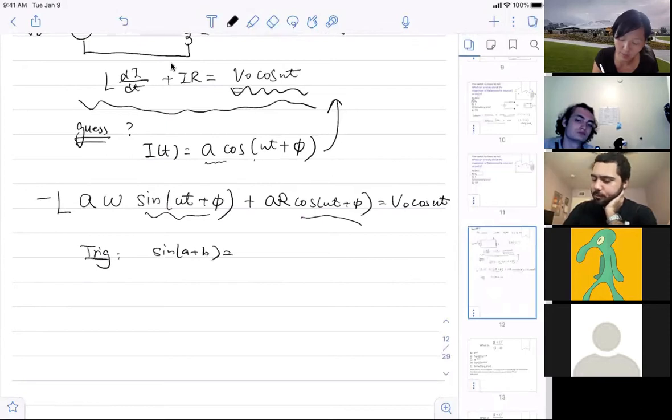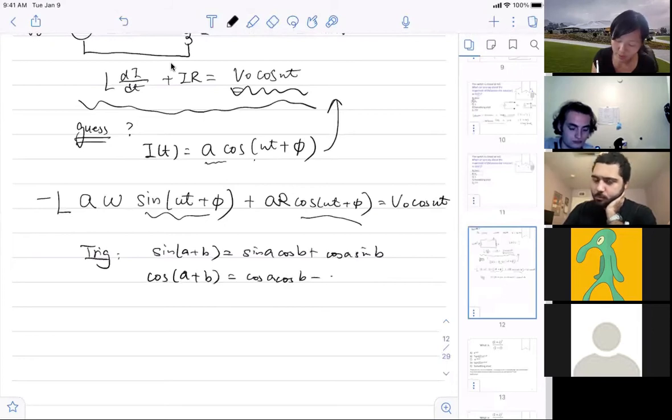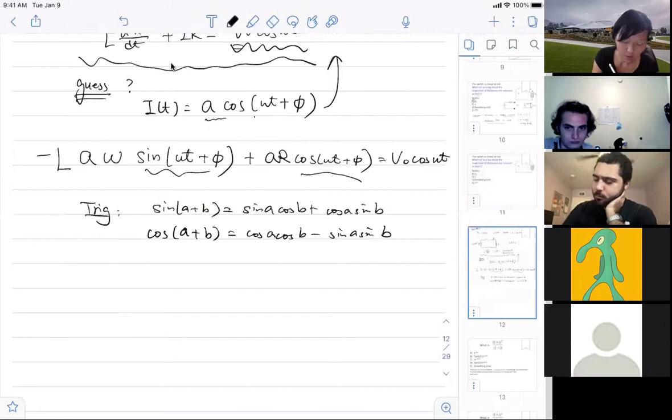I'm looking up sine of A plus B, which is sine A cosine B plus cosine A sine B. And I have another identity for A plus B. Cosine of A plus B is cosine A cosine B minus sine A sine B. So using these, I'm going to expand my left-hand side. Don't worry too much about the algebraic details. You can work it out in more detail later.